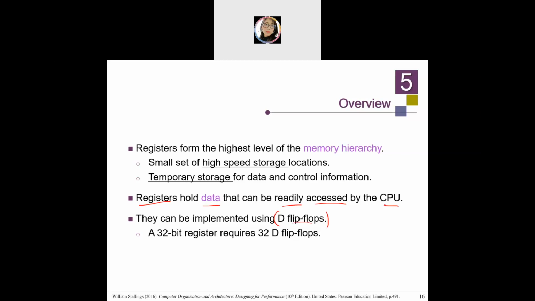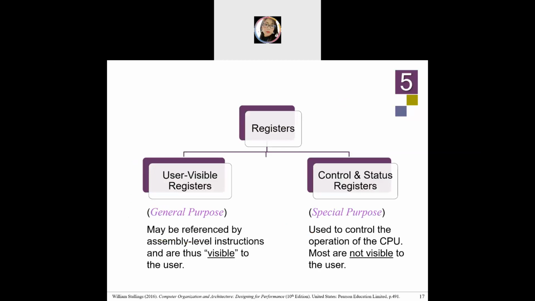The type of D flip-flop we are using is a 32-bit register. So under register, you're going to have two categories, which is user visible, you can see it, and another one is control and status register.